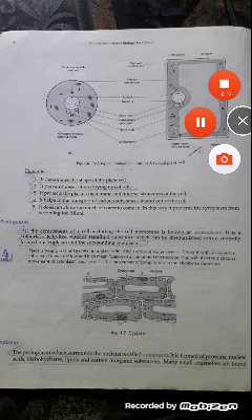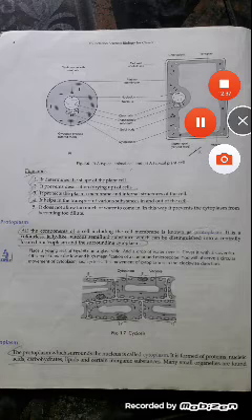Mitochondria possess enzymes necessary for the oxidation of carbohydrates. This process releases energy in the form of ATP.